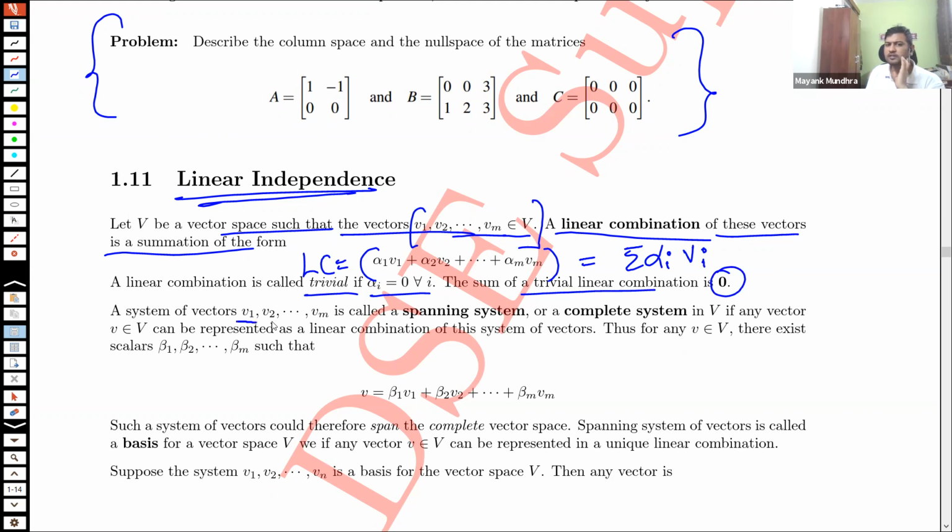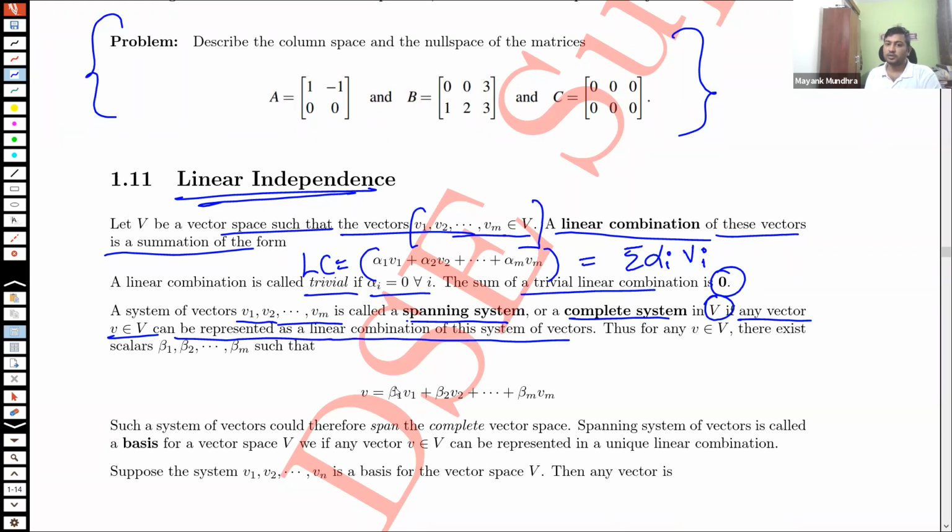A system of vectors V1 to Vm is called a spanning system or a complete system in V. These are words you need to know. V1 to Vm is called a spanning system or a complete system if any vector in V can be represented as a linear combination of this system of vectors.